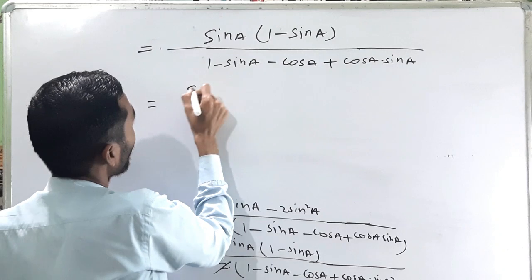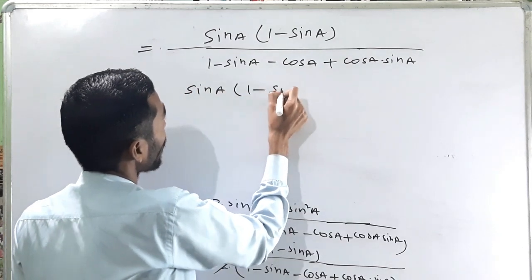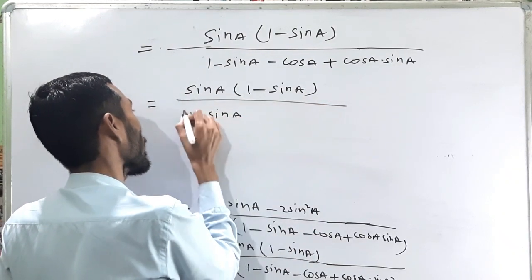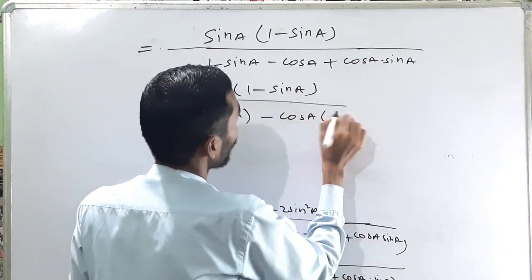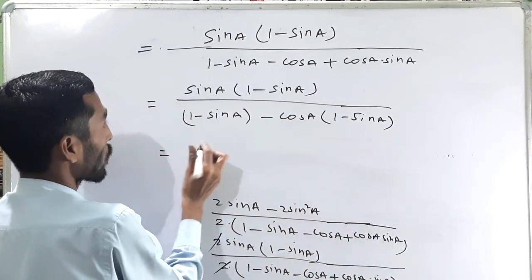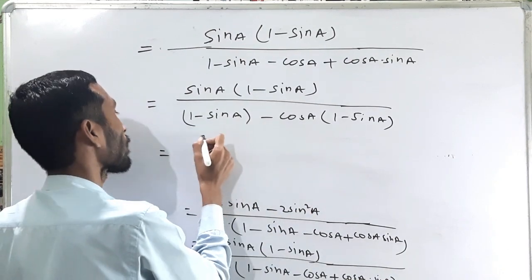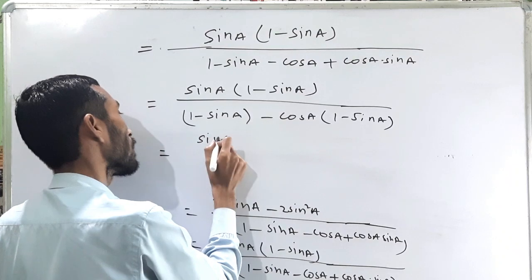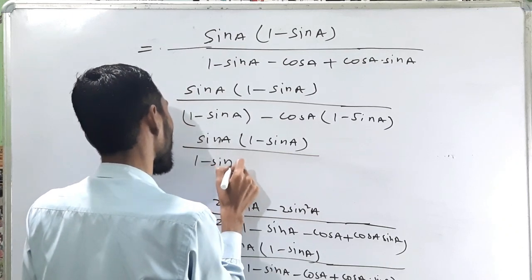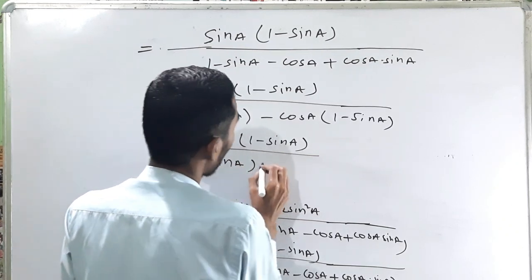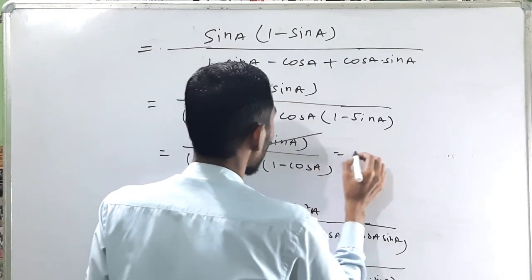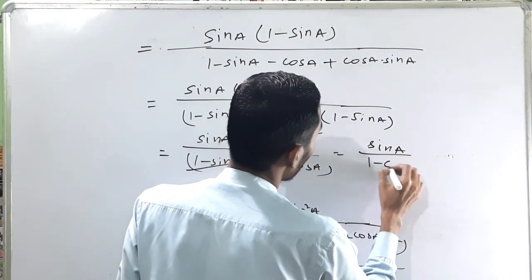Sin A, 1 minus sin A by 1 minus sin A, cos A is common, so 1 minus sin A. We take 1 minus sin A common in both the terms, so sin A into 1 minus sin A by 1 minus sin A into 1 minus cos A, we can cancel out and we'll get sin A by 1 minus cos A.